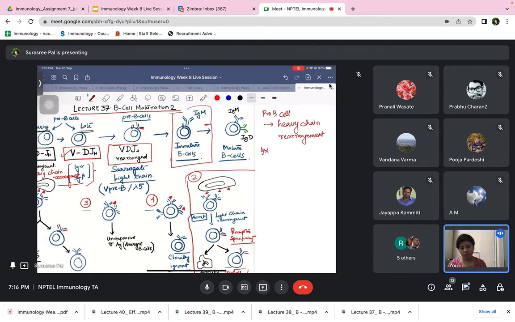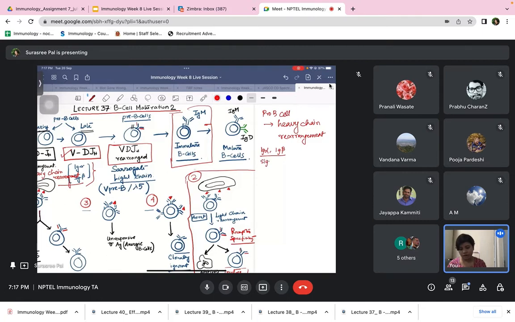Can anyone tell me? The co-receptors. Actually they are co-receptors, but they are actually the signaling component of the immunoglobulin molecules, okay?